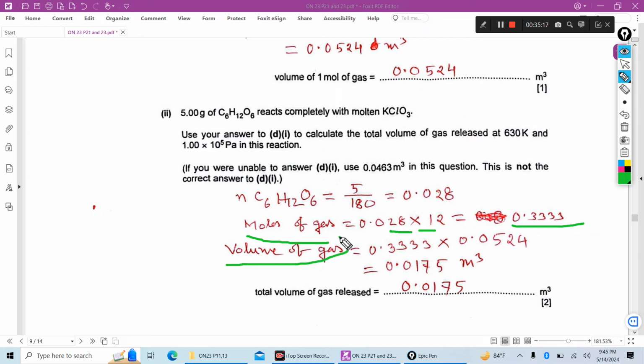Now for 1 mole the volume of gas is 0.0524, so for this many moles the volume of gas will be this times this, so 0.0175 meter cube.